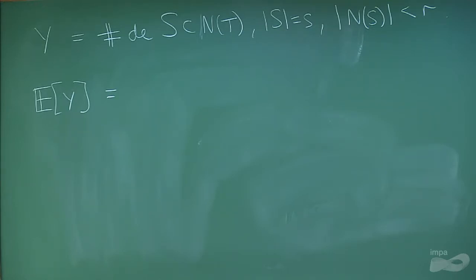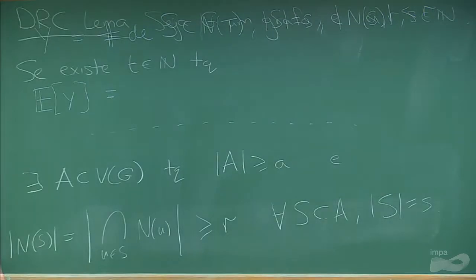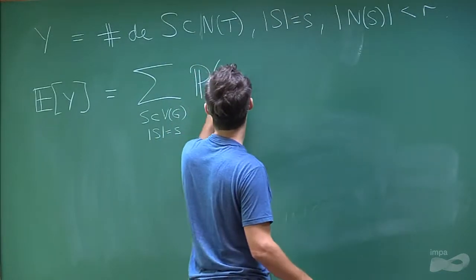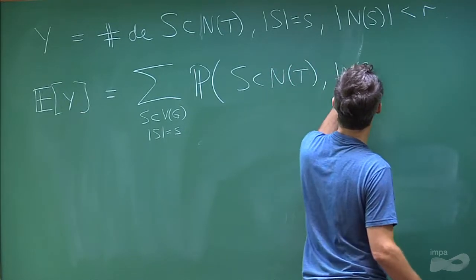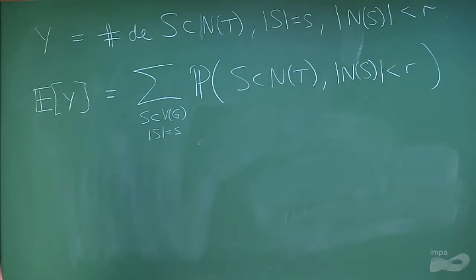Okay. So, what is the expected value of Y? Well, it's the sum over things of the probability that that thing occurs. So let me write it down. It's the sum over subsets of the vertex set of size s, of the probability that S is contained in N(T) and the neighborhood of S is less than r. Is that right?